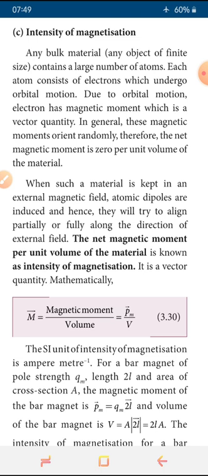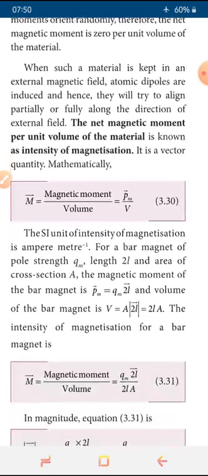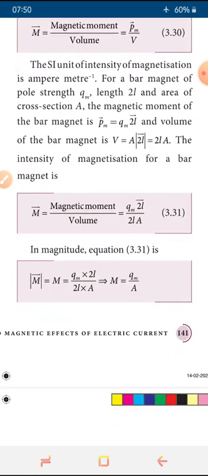So what is M vector? M vector is nothing but the intensity of magnetization. Here there is a substitution: M vector is equal to magnetic moment divided by volume, as per equation 3.30. What is the magnetic moment?